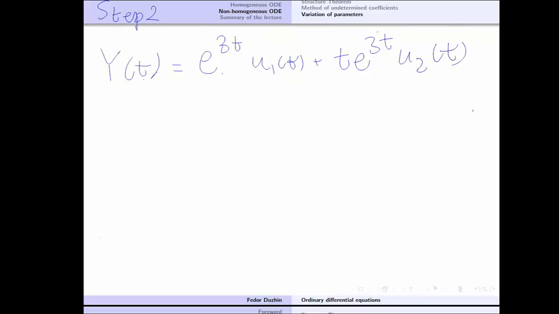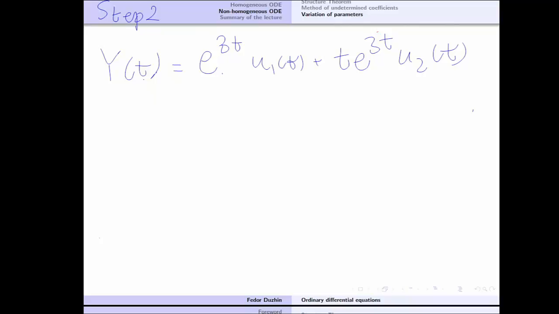So let me write, we're looking for y of t in the form e to the 3t times u1 of t plus t e to the 3t u2 of t, where u1 and u2 satisfy the following two conditions.